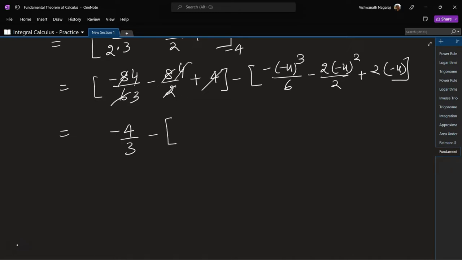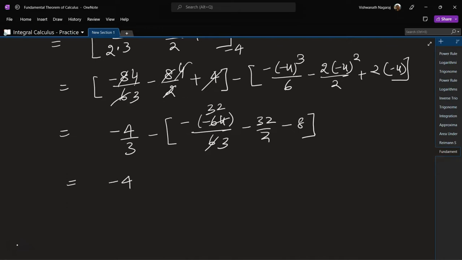Okay, now let's look at this. Minus 64 by 6, minus 4 4s are 16, 32 by 2, minus 8. 2 threes, 2 threes, 2 twos.